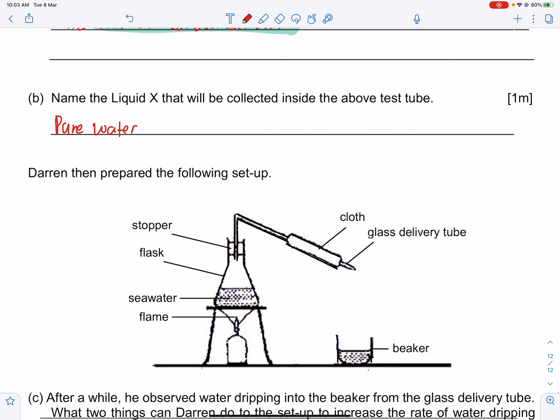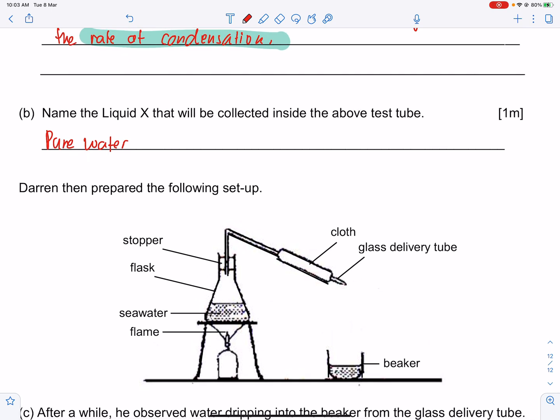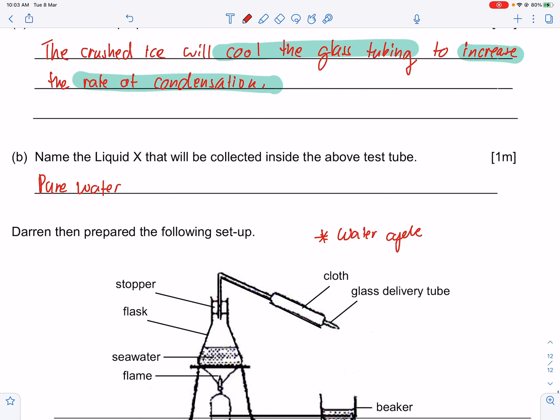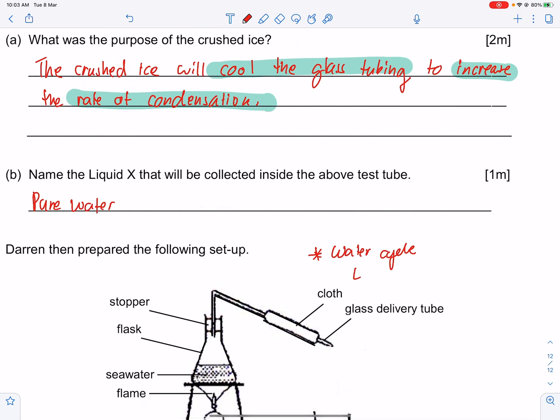Next. This is definitely very straightforward, a water cycle question. So straight off your mind, the two processes that you will need would actually be evaporation and condensation. Right?